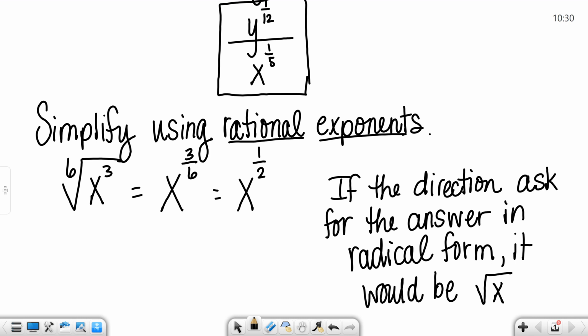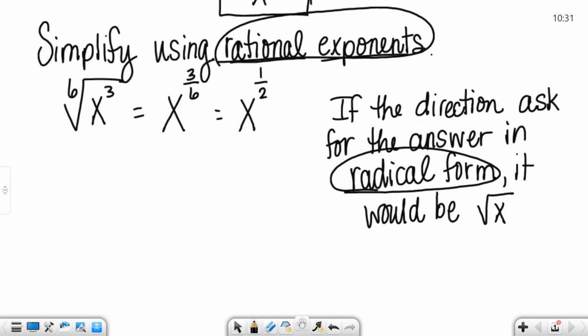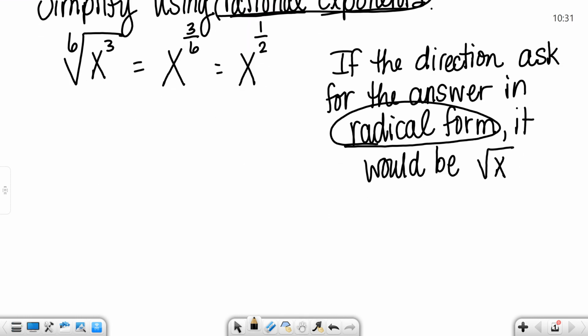You would take x to the 1/2 and write it as a radical. So pay attention: do the directions ask for rational exponents or is it asking for radical form? They are different. I am asking for rational exponents here.